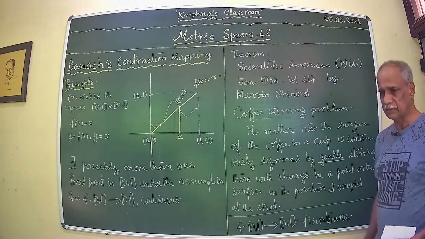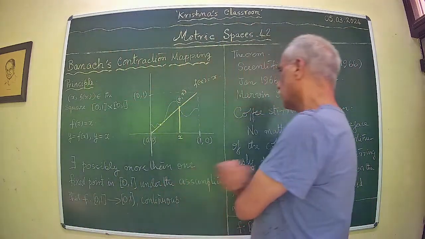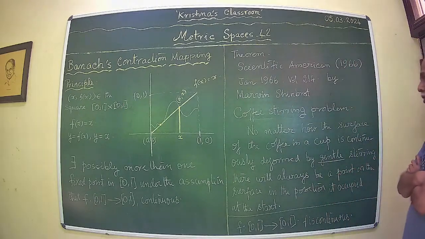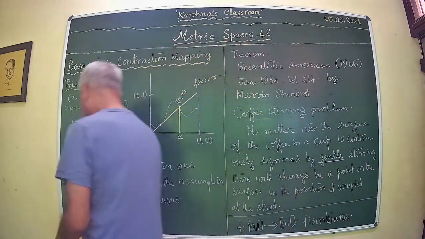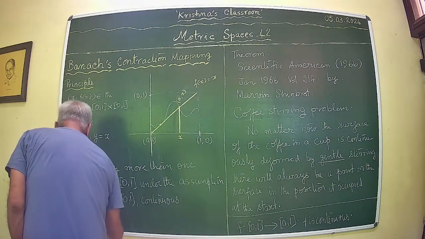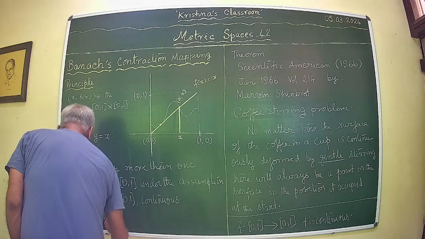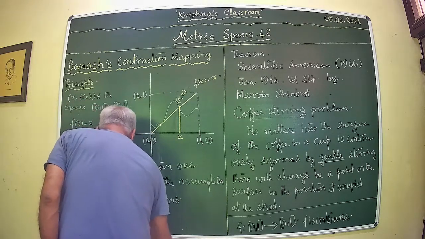Now, let us explore this problem with this example further. First of all, we observe that there always exists a fixed point.